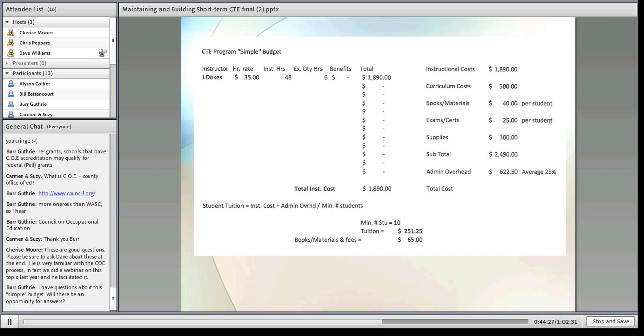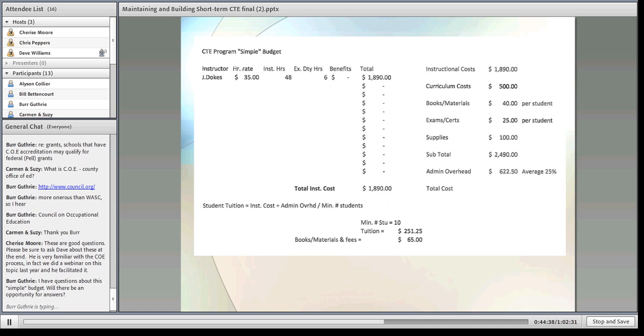Books and materials are usually charged if you're running a tuition program. The books and materials, you look at what it costs. Same thing with exams or certification. For those, then you these are the general supplies for the support of there's actually a couple of different ways you can do this.